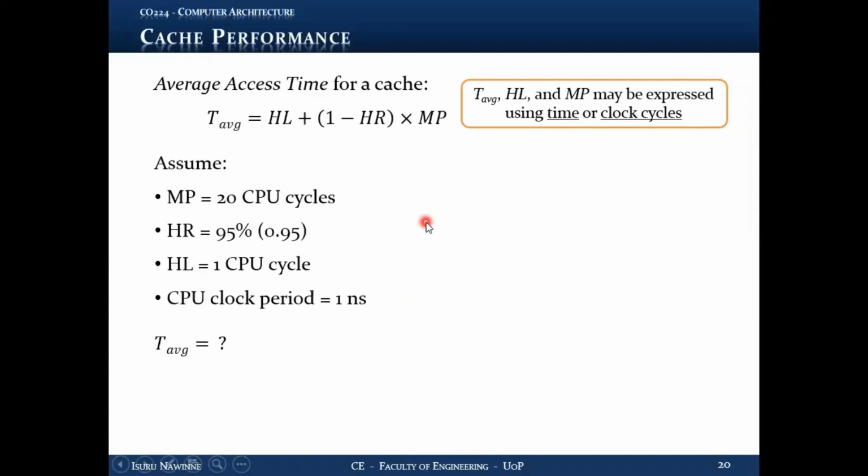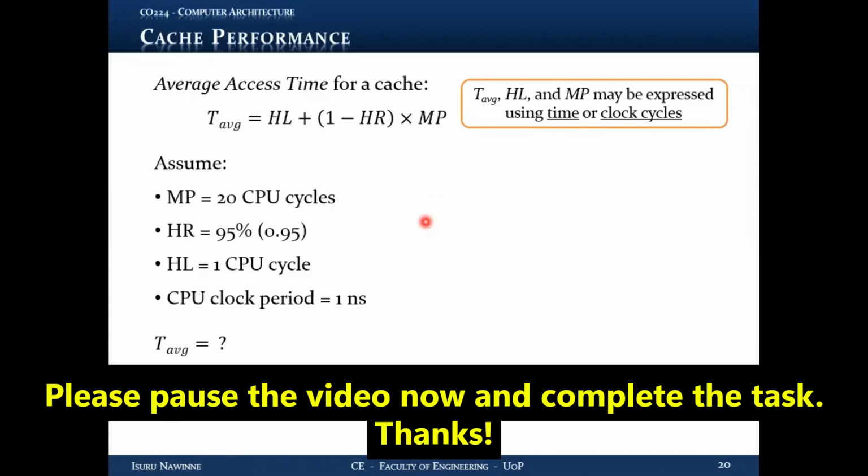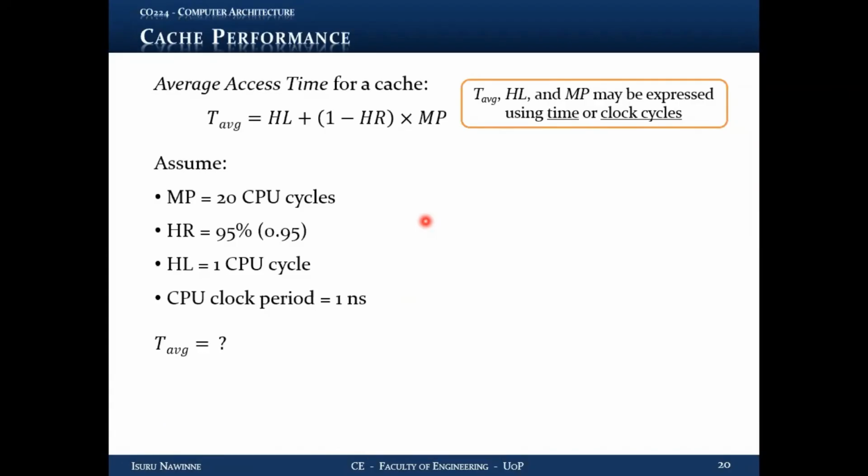So what is the average access time here? Using the equation we have at the top of the slide, average access time is 1, that is hit latency, plus 1 minus 0.95, the miss rate, times 20, the miss penalty in cycles. So we are using cycles as the time measure here.